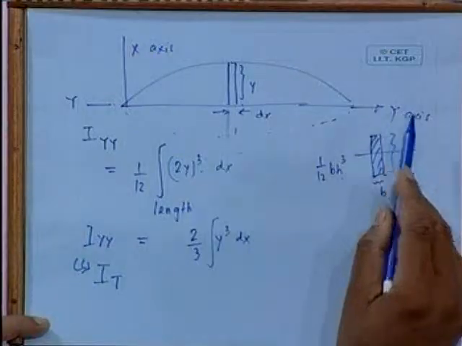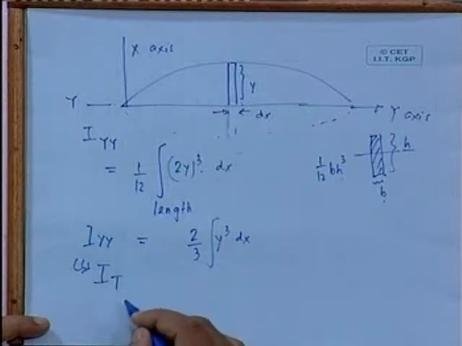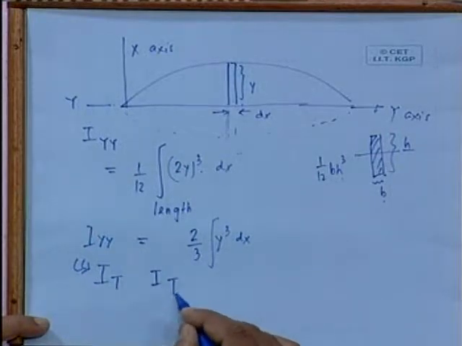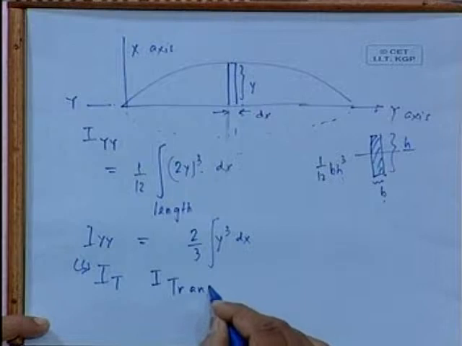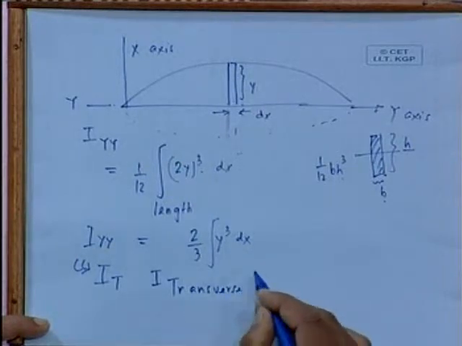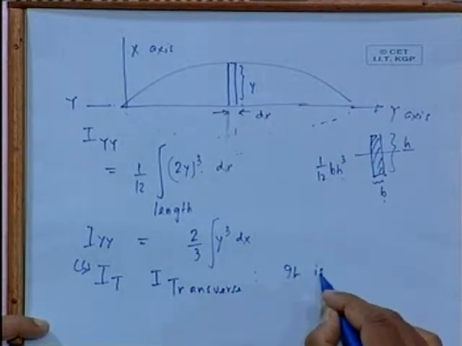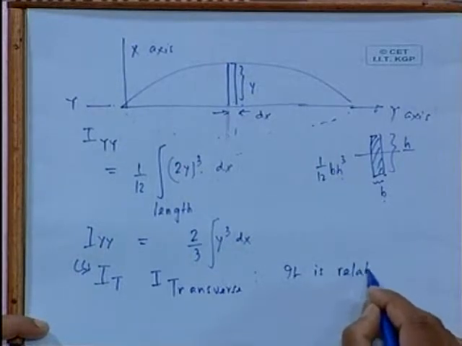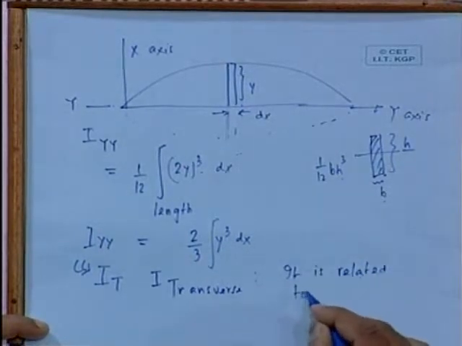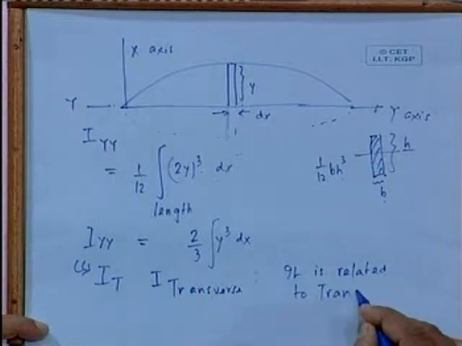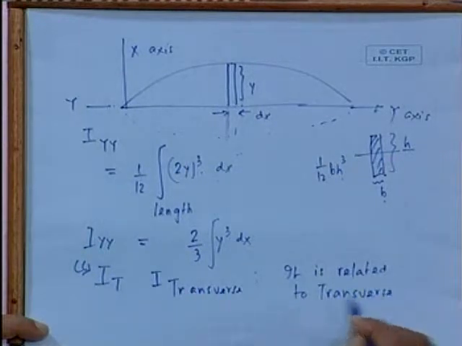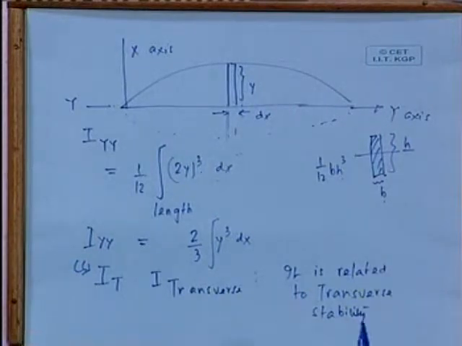In naval architecture, we sometimes call the moment of inertia about this axis I transverse, because it is related to transverse stability, which we will see afterwards.